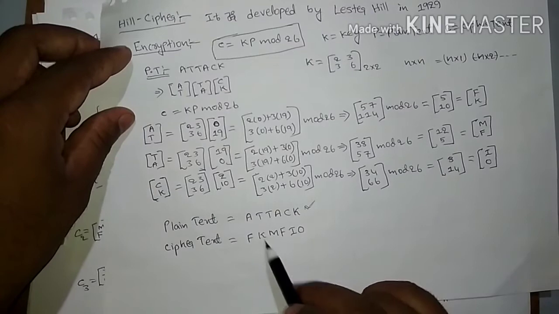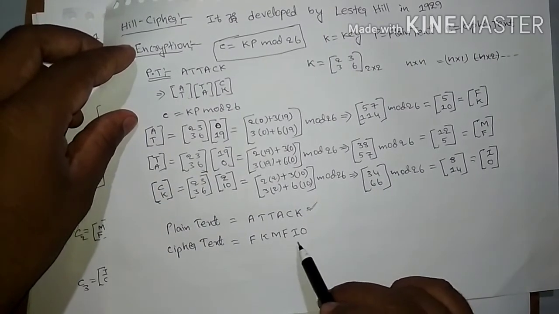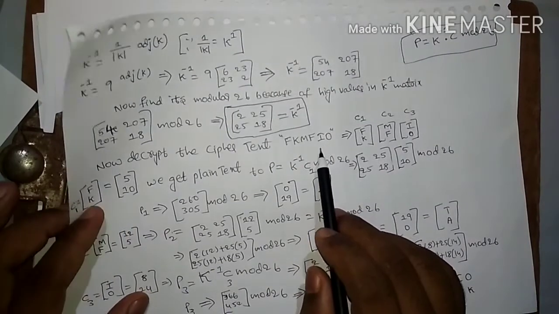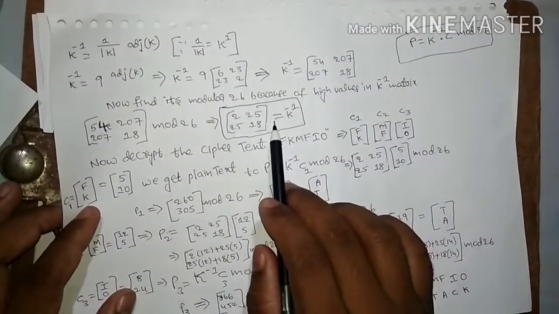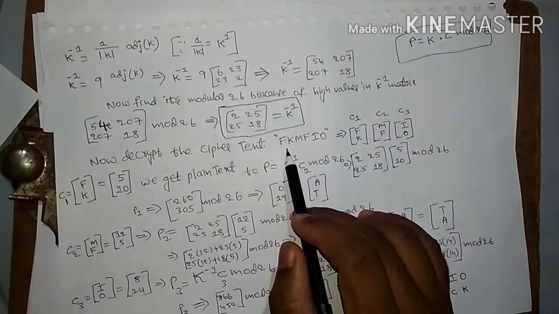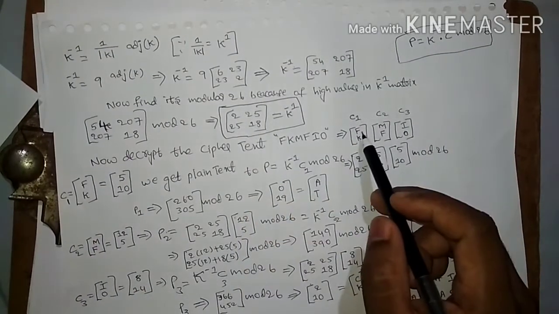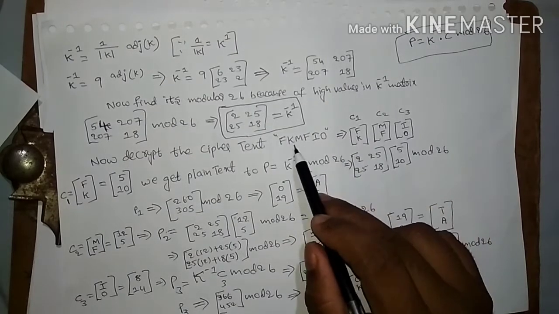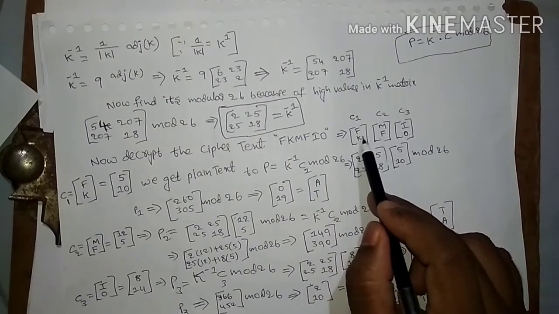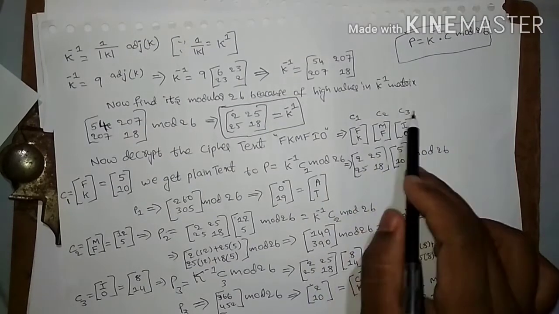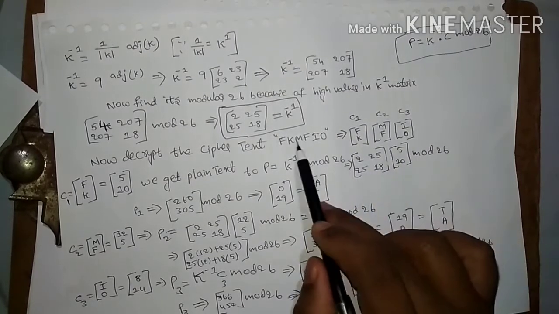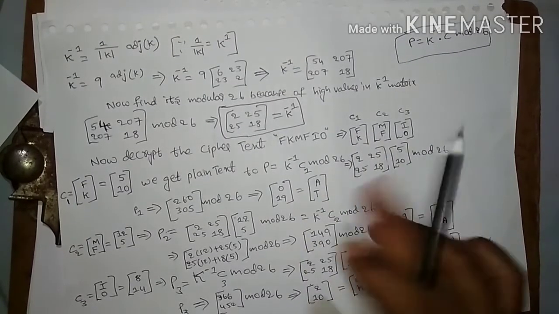The k inverse matrix is 2 by 2, so we have to spread these values into 2 by 1 matrices, 2 by n. Suppose there are 8 characters, then there will be 4 matrices of 2 by 1. This is 6 letters, so we are getting 3: C1, C2, C3: FK, MF, IO.